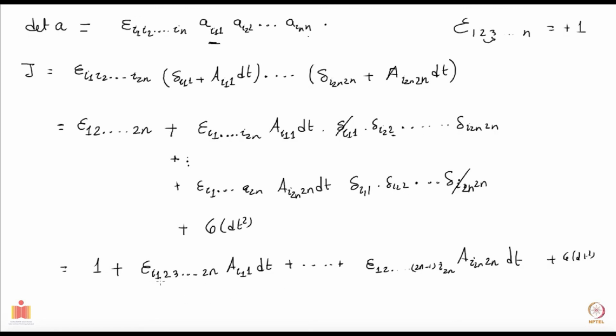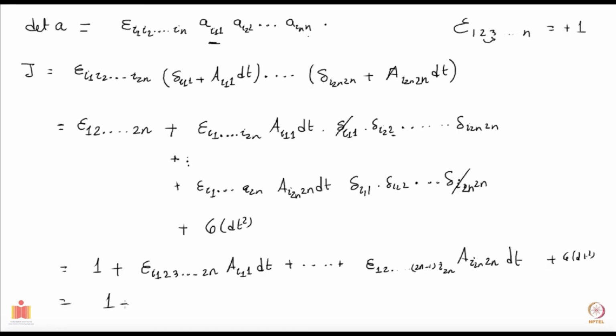Now see, this will be non-zero only if I1 is 1. If I1 is 2 or 3 or something, it's going to be 0, and you have a summation over I1 because the summation convention is still here. So the only possibility for this is to be 1, and that will give you a positive sign because it will be epsilon 1 2 3, and that will force this one to be a11.